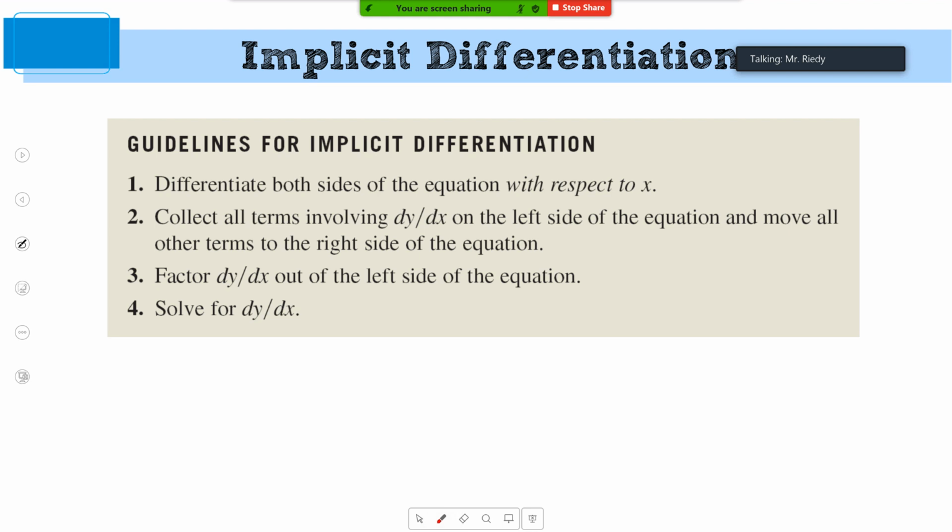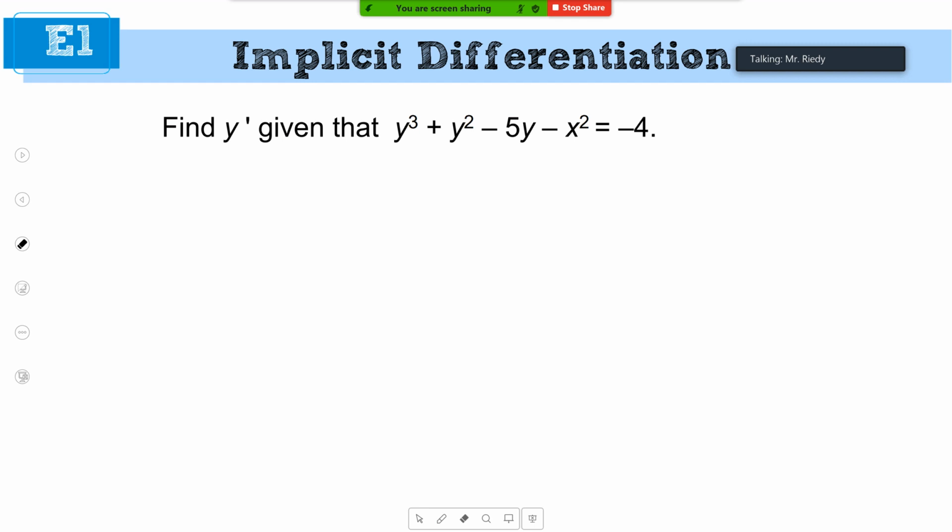Now, to make our lives a little bit easier, we're actually going to replace the dy/dx with y primes, because I have found that as you're doing this, it's a pain to write dy/dx every time. So we're just going to do it with y prime. Okay. This might not mean much to you. I get it. It will make sense, however, when I take you through this example.